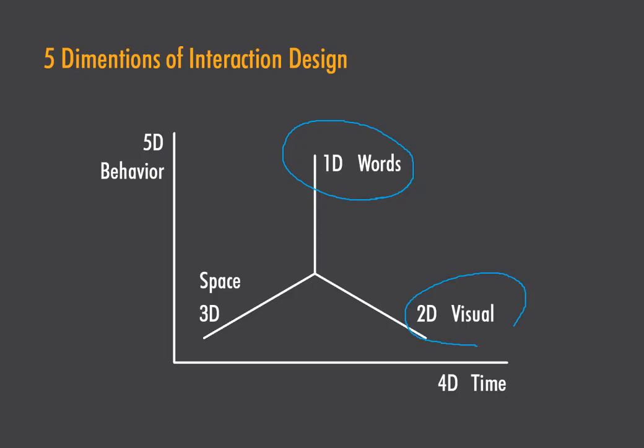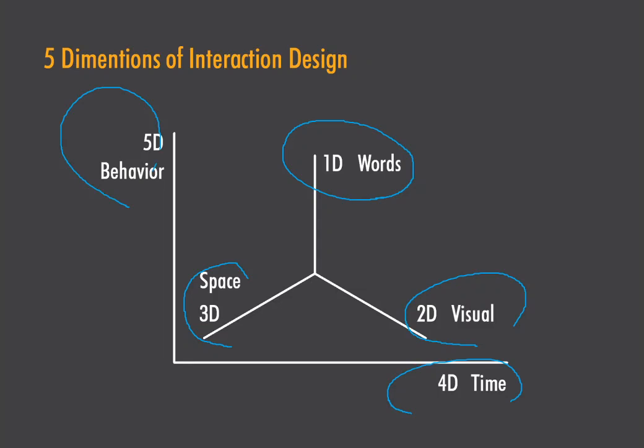The second is visual. Those are illustrations, images, and photos, colored background. Third, space, meaning objects and devices, your touchscreen or mouse. The fourth dimension and the fifth dimension: the fourth dimension is time and the fifth is behavior.